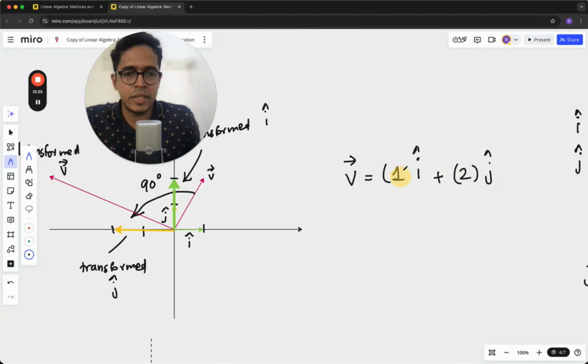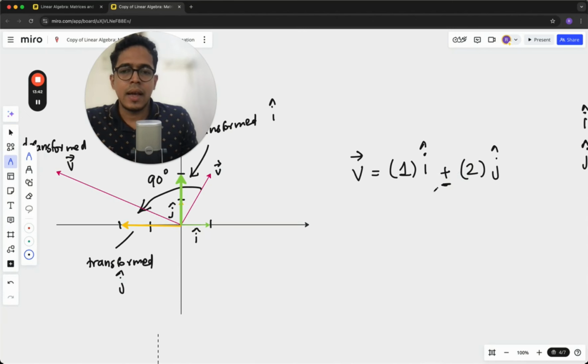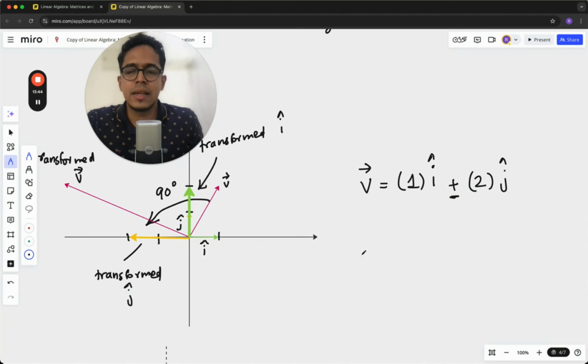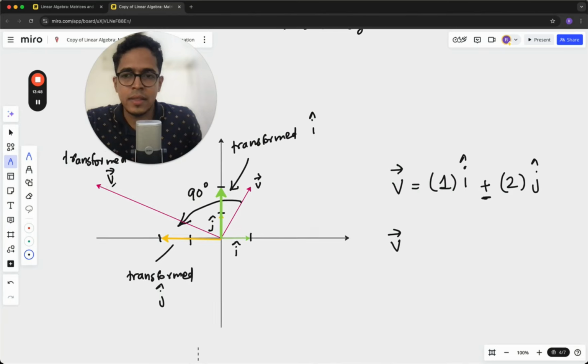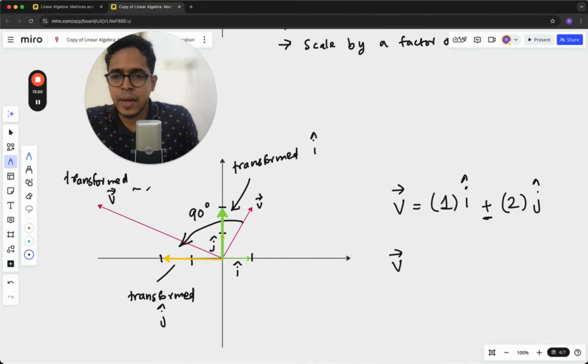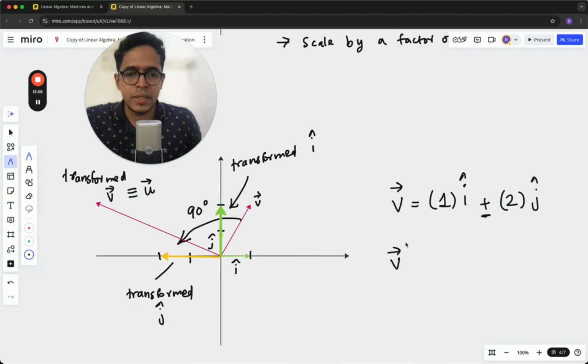The scaling factor for j is 2. And then we are doing a linear combination of these scaled i and j vectors. And what is v prime or transformed v? This transformed v I can also denote as v prime or u also, whatever is convenient for you. So maybe I'll denote it as u. The transformed v I will call u.